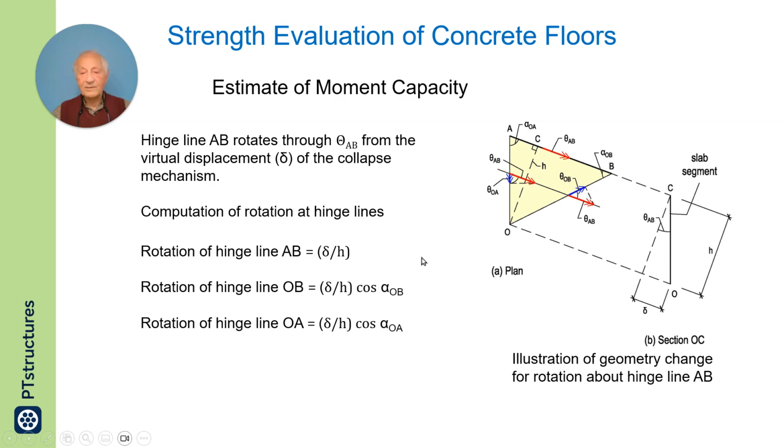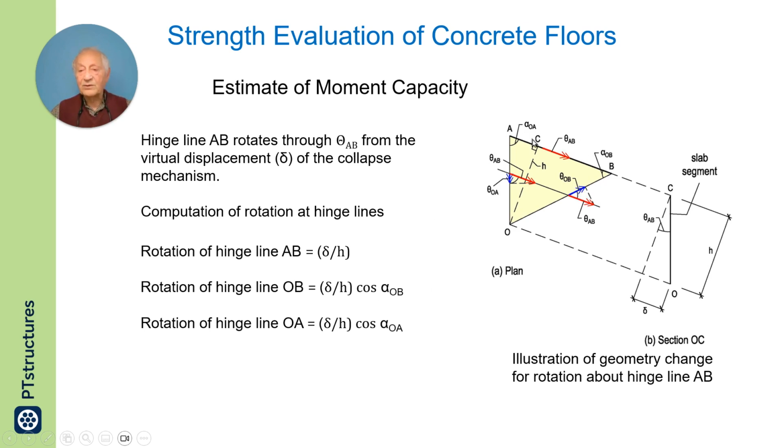The rotation of this hinge line is the component of this rotation along this hinge line. So you have to multiply this, which you had before, times the cosine of this angle. So that is how it works.